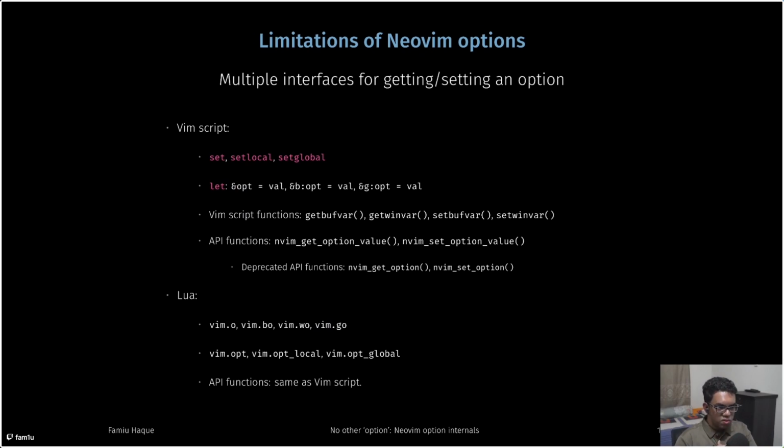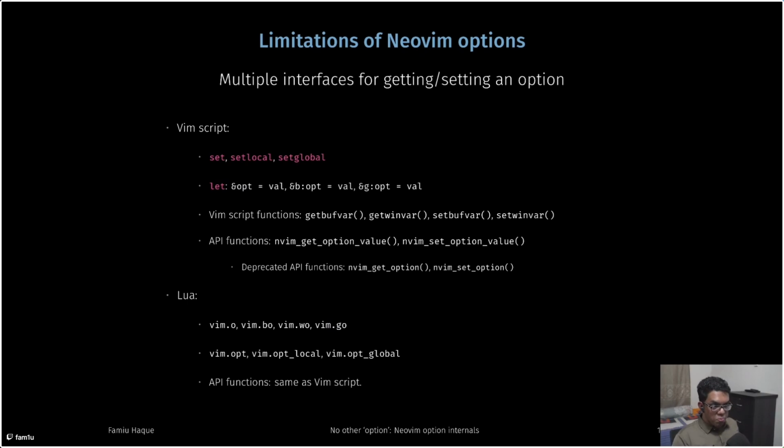Next we have Vim script functions, several of them. getbufvar, getwinvar, for getting a buffer-local or window-local option value. And then we have setbufvar, setwinvar, for setting buffer and window local option values.